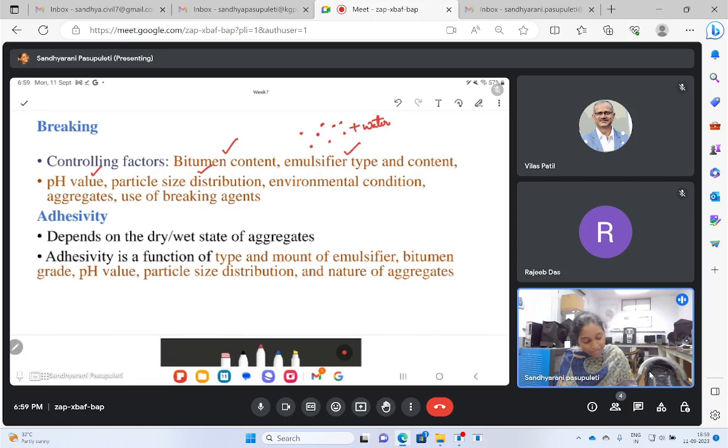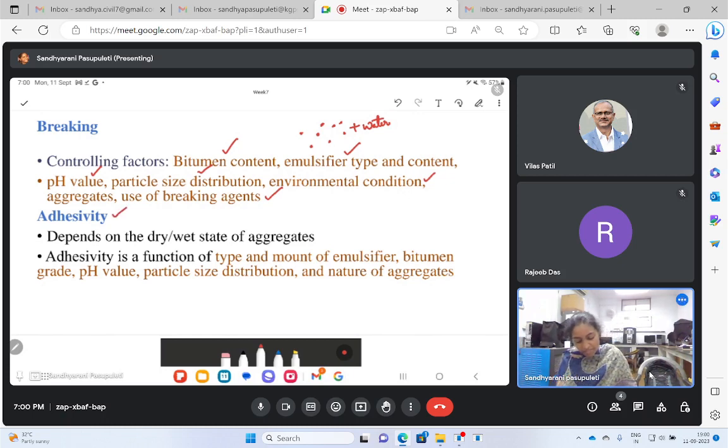Based upon the environmental conditions, do you have feasible conditions for the evaporation of the water or not? Let us say if it is very moist, then it might take more time for the evaporation of water. And use of breaking agents. Are we using any external breaking agent to progress this process? Based on all these factors, this breaking would be influenced.